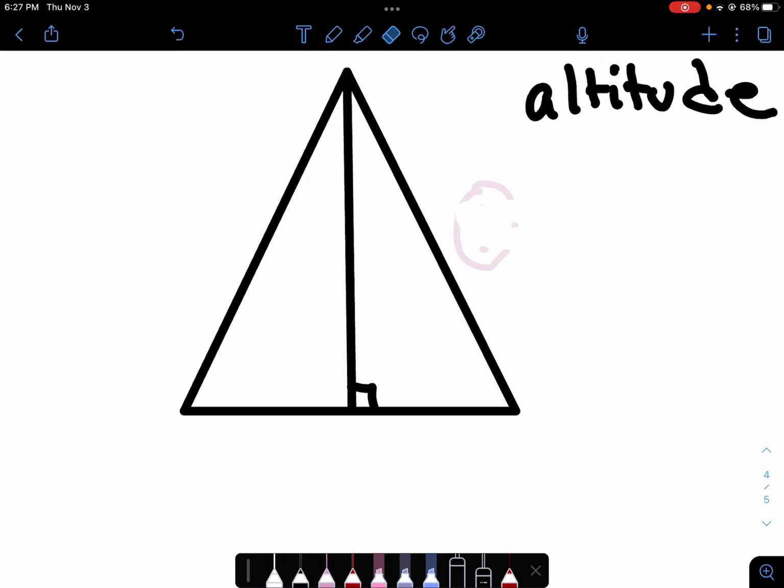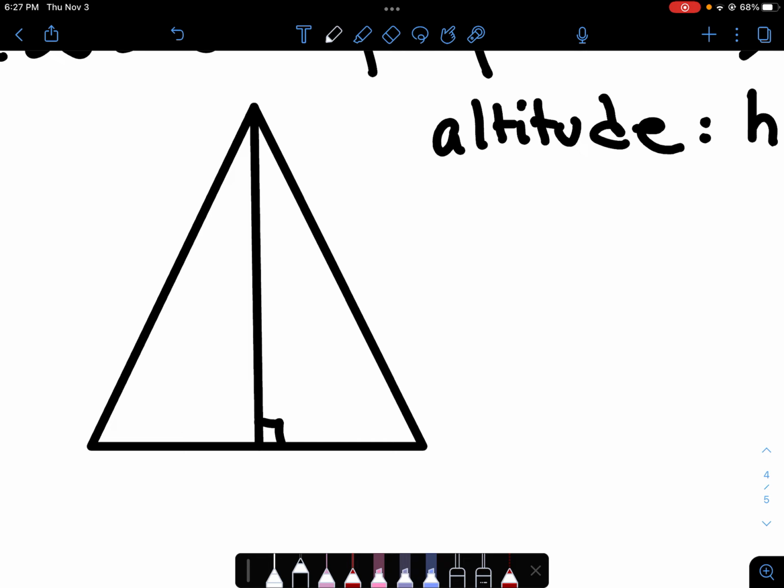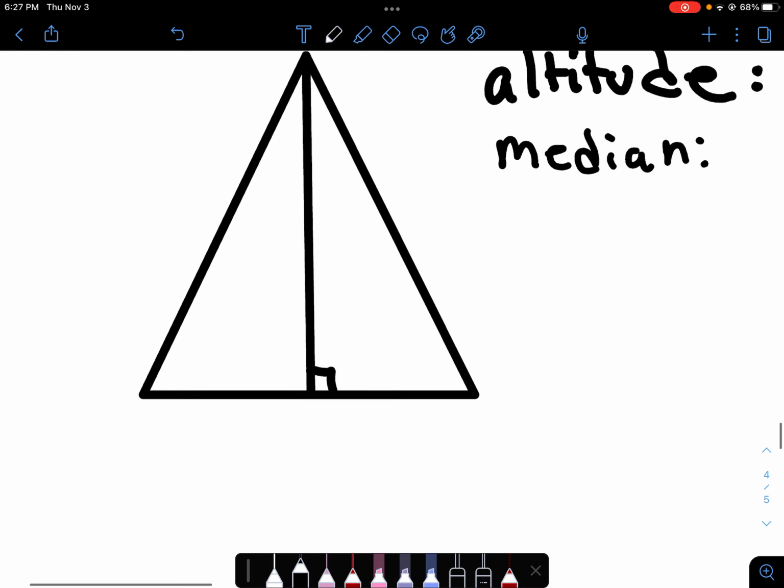How would you do something like that? Well, there's more to this. So that line also drawn down to the base is called a median. And it's exactly what it sounds like.